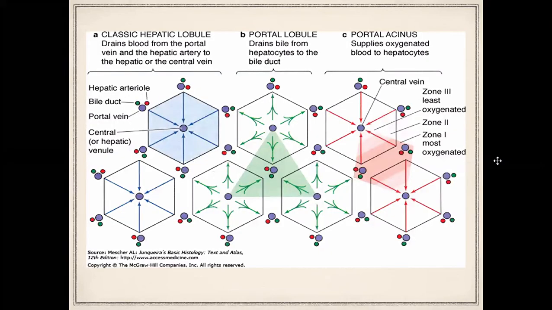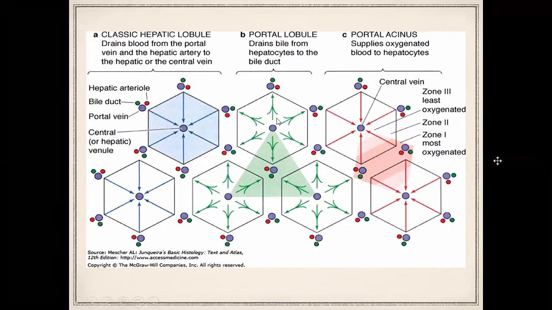Okay, again, this is an illustration of your classic hepatic lobule. You have here your hepatic arteriole, bile duct, and portal vein, the triad. This is your central vein, or hepatic vein, here. The portal lobule drains bile from hepatocytes to the bile duct.